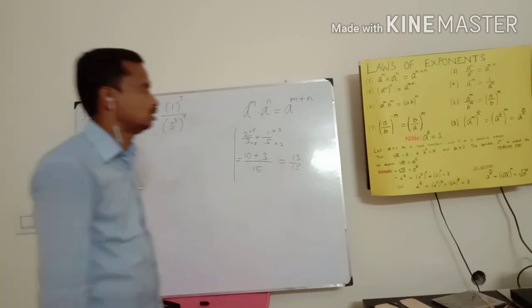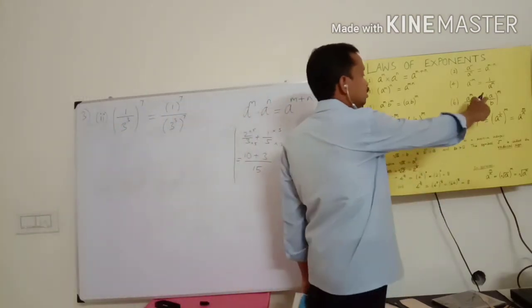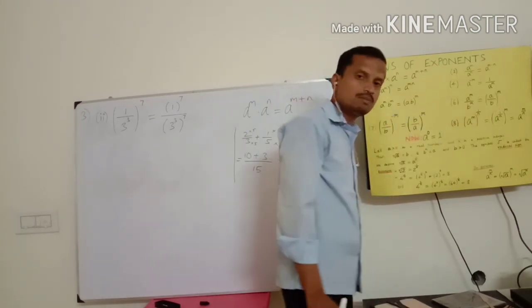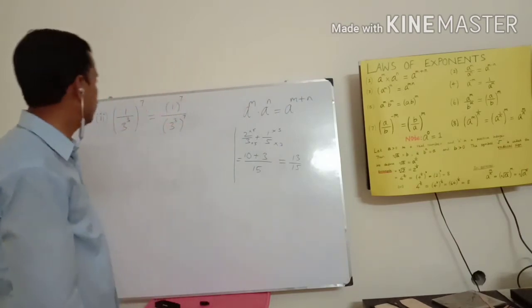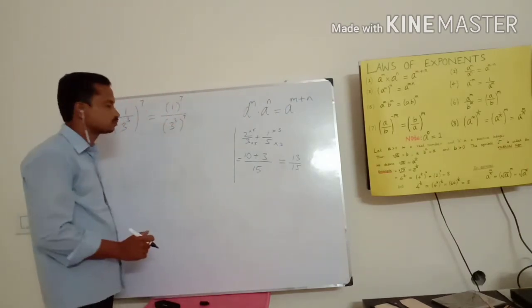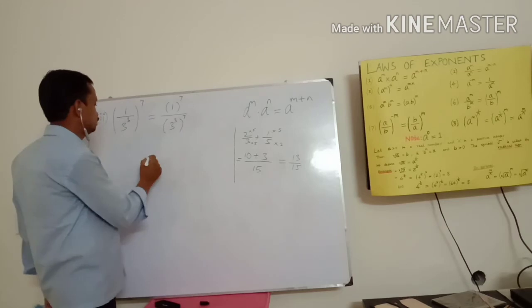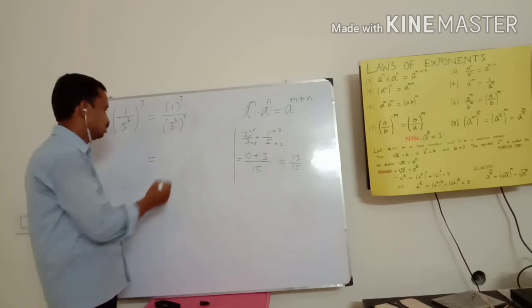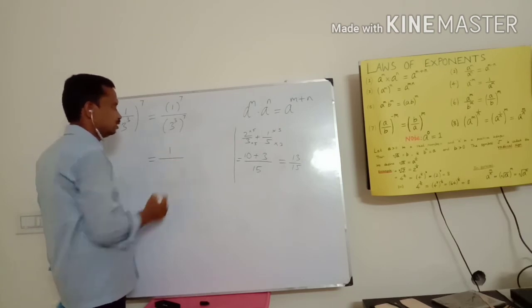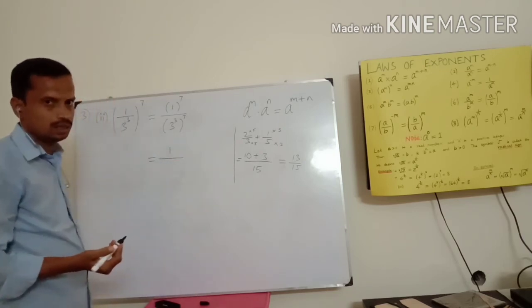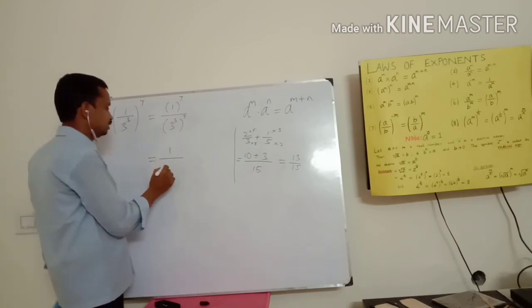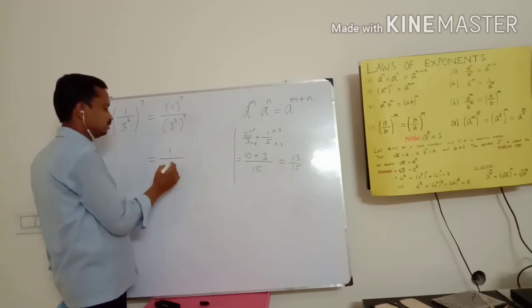So like this, a by b whole power m, you can take as a power m by b power m. Separately, we can apply the power to the numerator and denominator. And here, 1 power 7, you get 1 only. If you apply any power to 1, you get only 1. And here in the denominator, it is 3 power 3 into 7.